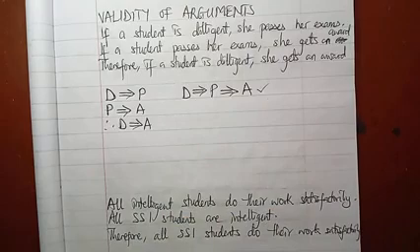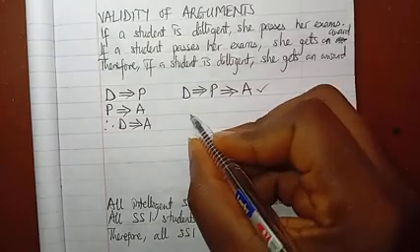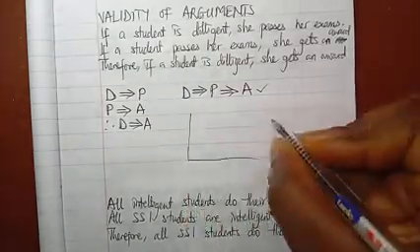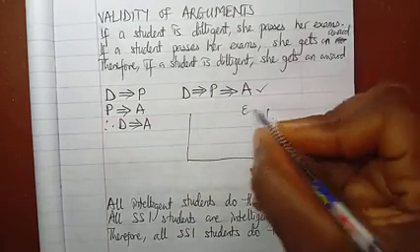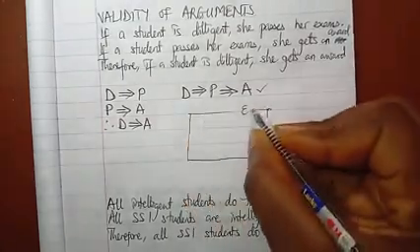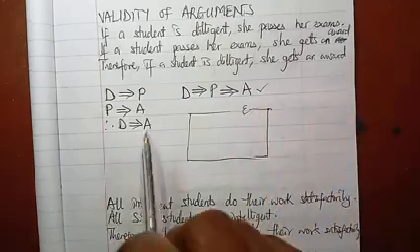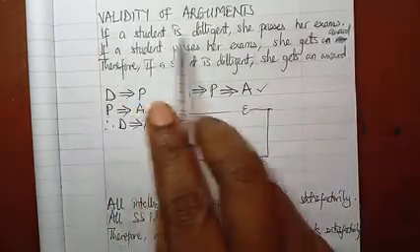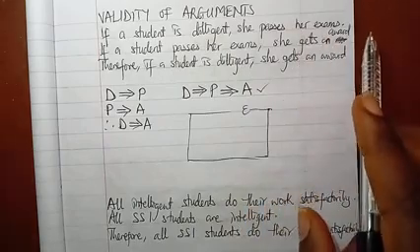Now let's use a Venn diagram. Let's see what it will look like in a Venn diagram. In this Venn diagram, we will have a universal set that includes all the students in the school. So we now say a student is diligent, she passes her exam.